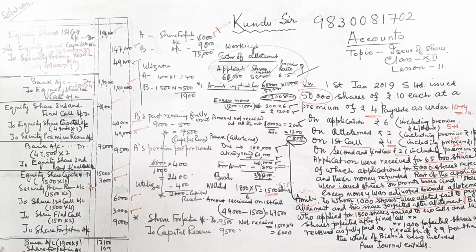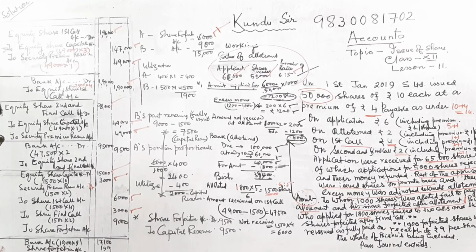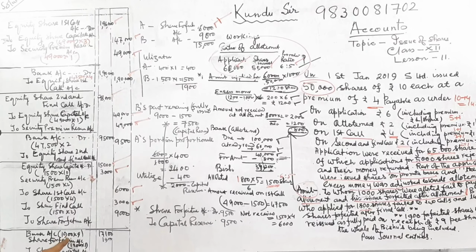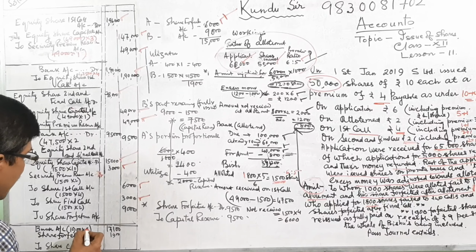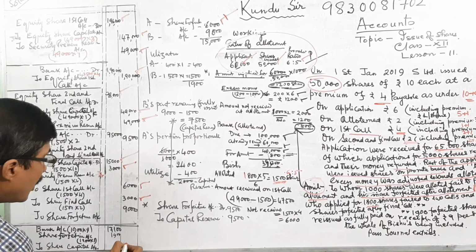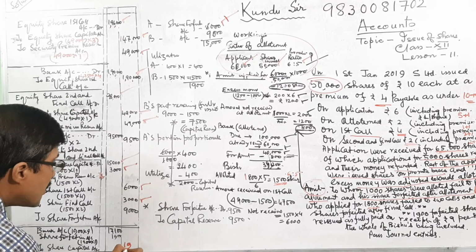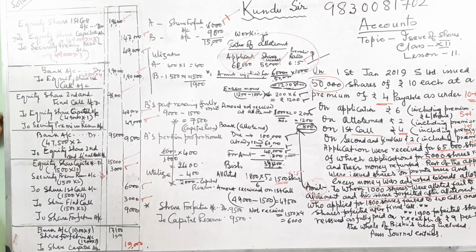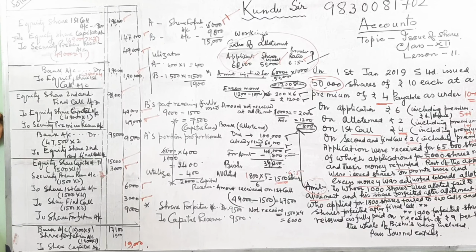So we are doing bank account debit, we are utilizing share forfeiture account debit to share capital, that is 19,000, 1,900 into 10, that means 1,900 into 9, 1,900 into 1, comes to 19,000, that is credit in share capital or equity share capital account.